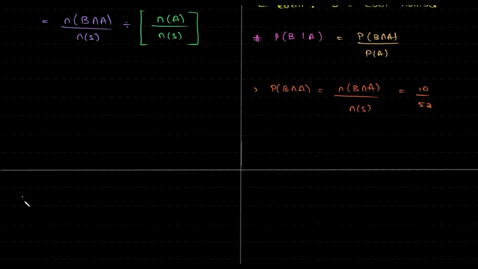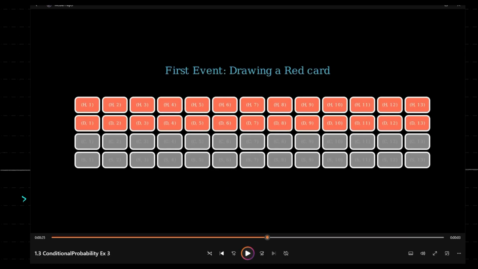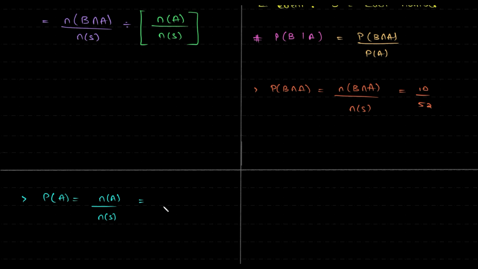Next we need to find the probability of A, which is number of elements in event A divided by number of elements in S. So event A is to do with the first scenario, drawing a red card. So there is pretty much half of it, that is 26 out of 52. So you can see 52 gets cancelled.